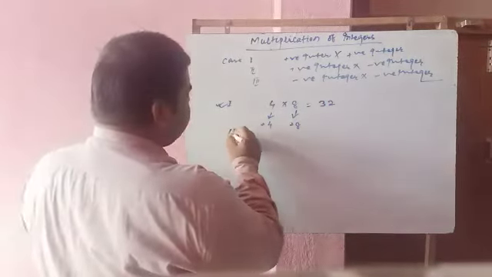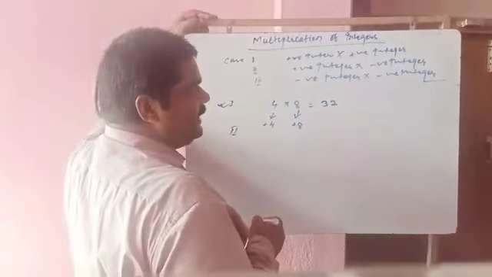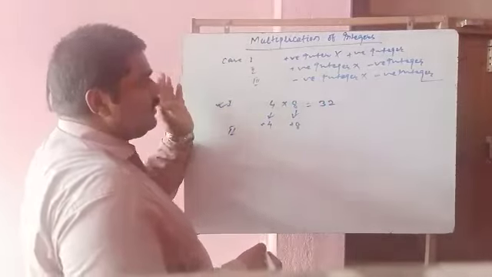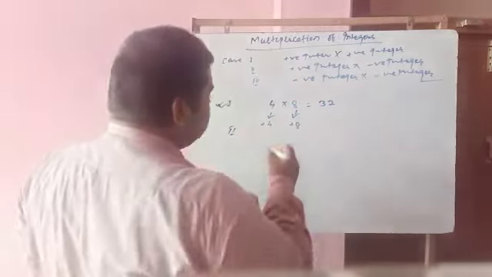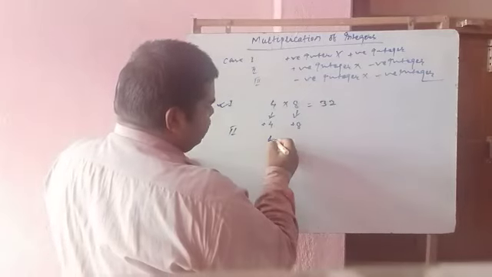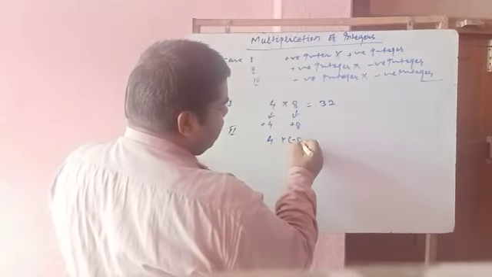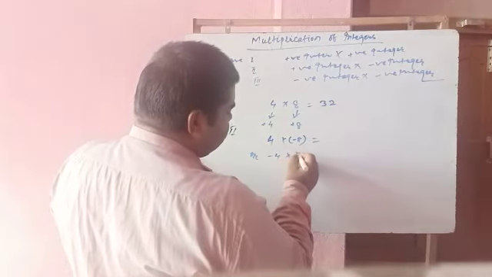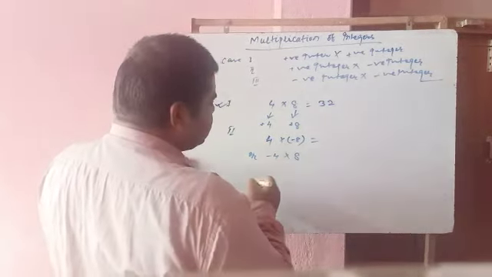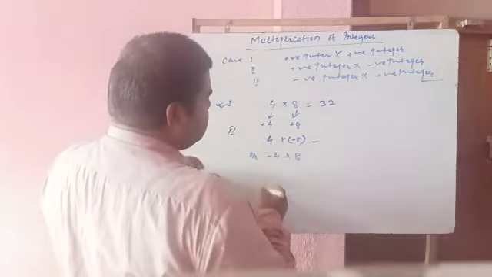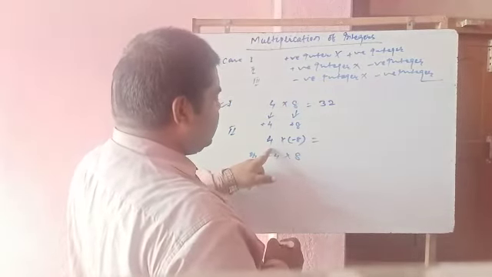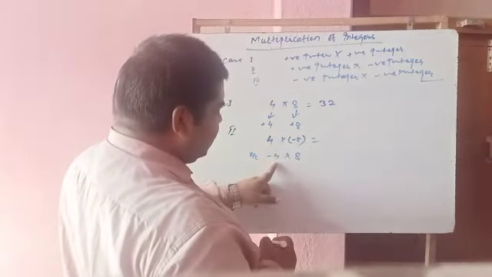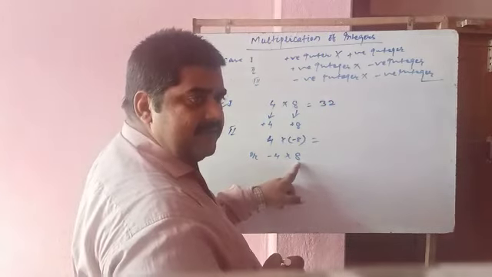In the second case, one is positive and the second is negative, or the first is negative and the second is positive. Now check 4 multiplied by minus 8, or minus 4 multiplied by 8. In the first, the first integer is positive and the second is negative; in the second, the first is negative and the second is positive.